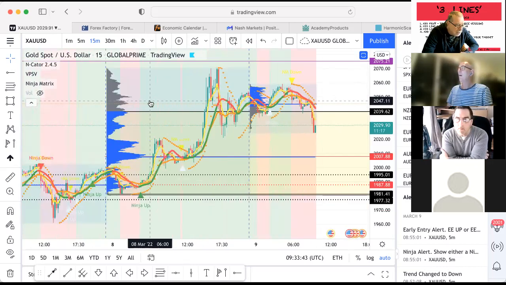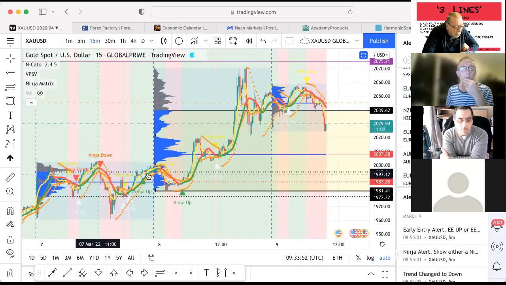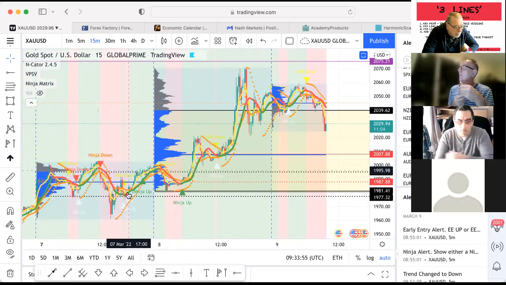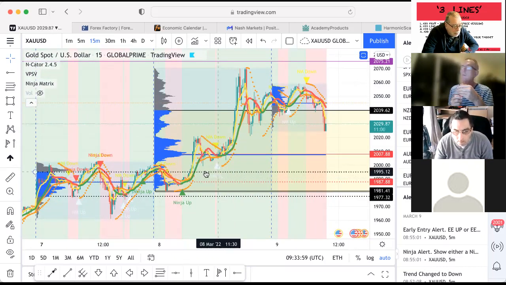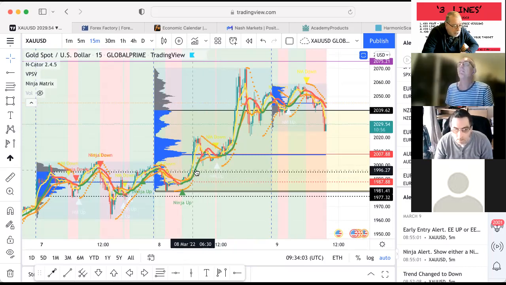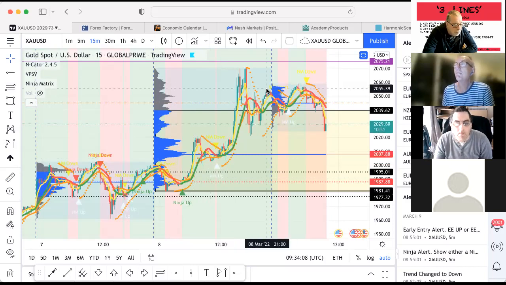If we just looked at roughly that was Monday's volume profile, so it became Tuesday's field of play. So it went from the black dotted line to black dotted line. And price was almost after that point, 6:30, entirely outside of our field of play. So our three-line strategy could not have applied.